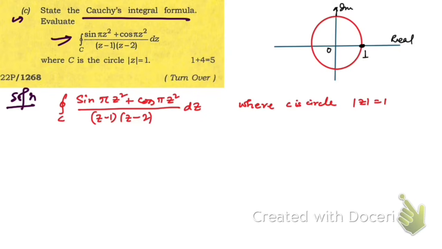Now, let's take the poles: z − 1 and z − 2, equating these two to zero. What are we going to have?